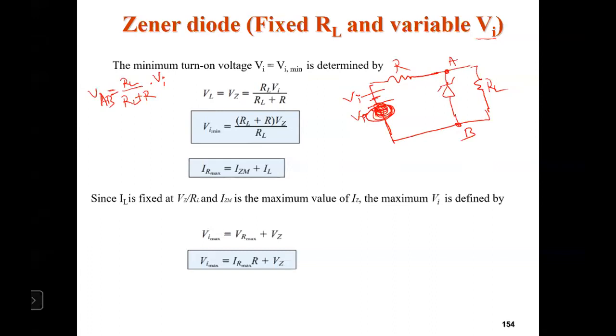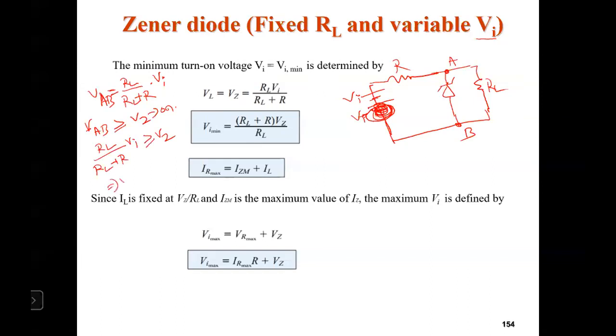And this VAB has to be greater than or equal to VZ for the Zener to be on. So I know that VAB has to be greater than or equal to VZ for the diode to be on, or you can say RL by RL plus R into Vi has to be greater than or equal to VZ. Or you can just rearrange it.